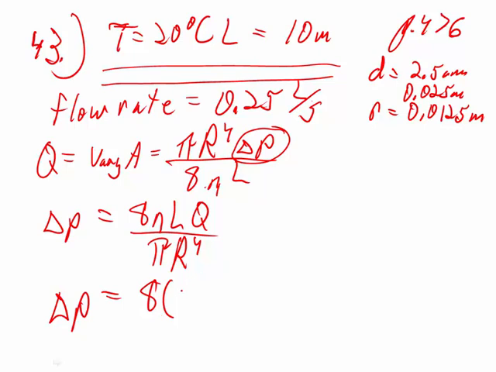So let's plug this in. We got 1 times 10 to the negative third Pascal seconds times the length, which is 10 meters, times Q, which is the flow rate, and that's 0.25 liters per second. Now, we've got to convert this to meters cubed per second, and you got to remember that there's 1,000 liters in 1 meter cubed.